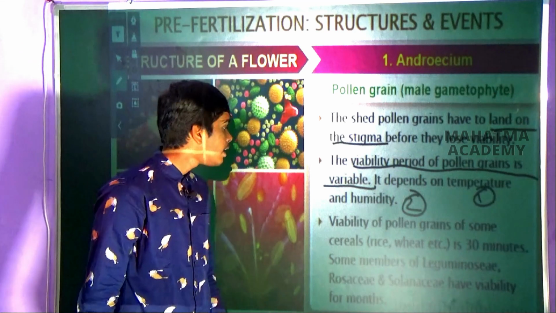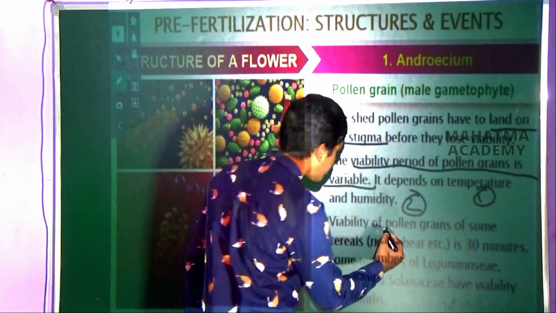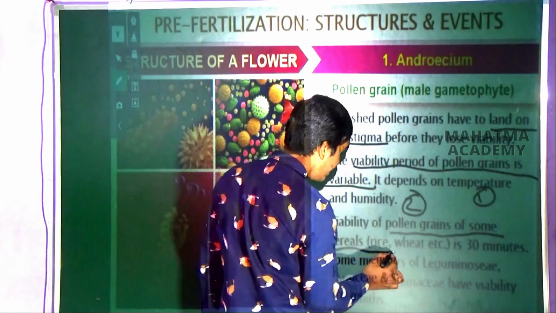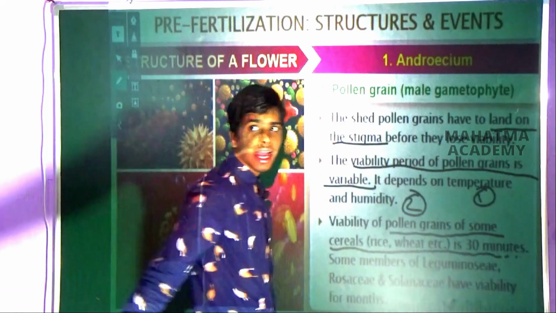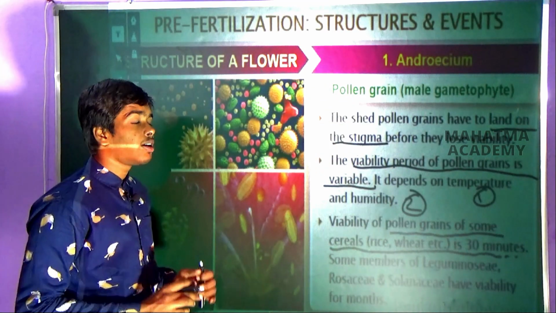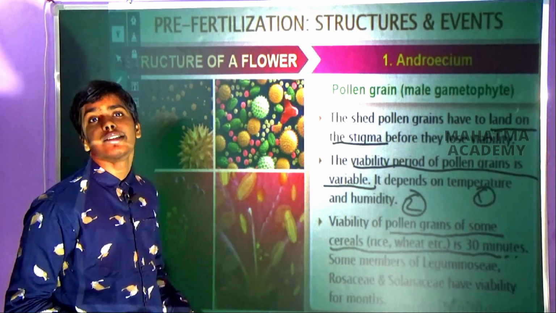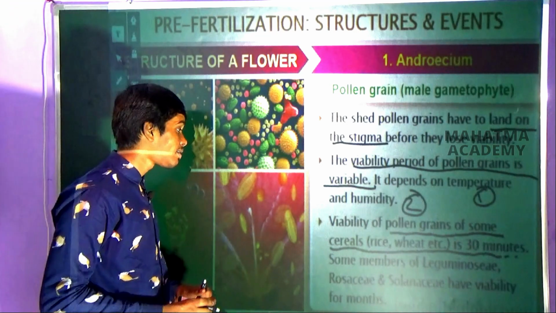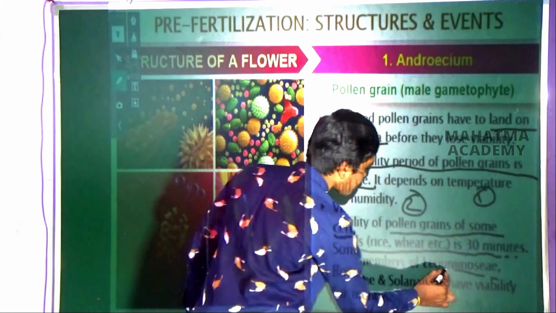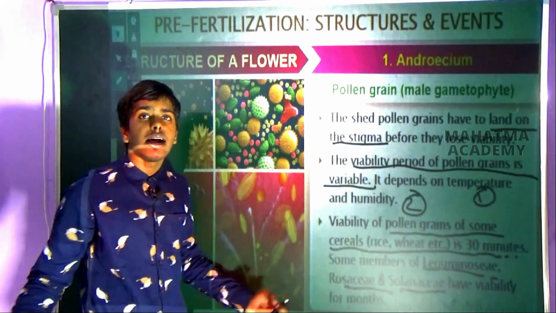Now, the viability of pollen grains of some cereals, that means rice and wheat, is 30 minutes. Some members of Leguminosae, Rosaceae and Solanaceae have viability for months.